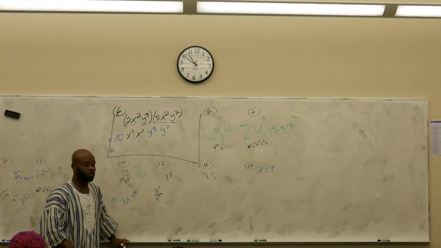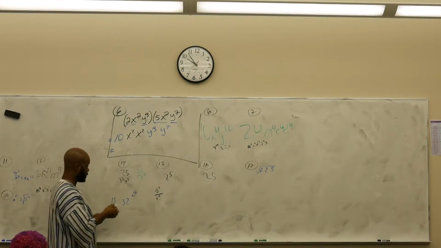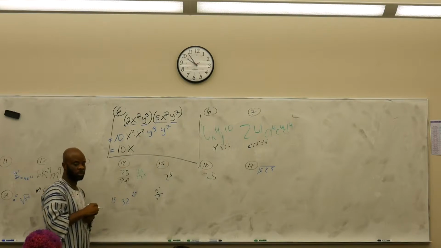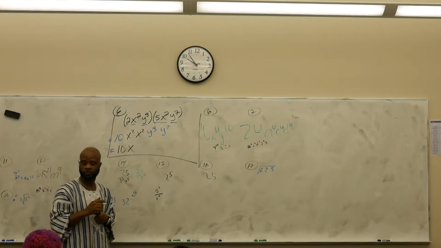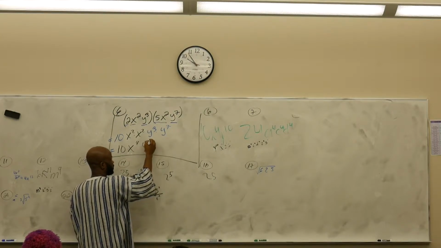Yeah, we added the exponents because we're multiplying, right? So the product rule. All right. So 10 remains 10. So x now gets what? 2 plus 2. And then y gets what? 7 plus 3, which is 10.